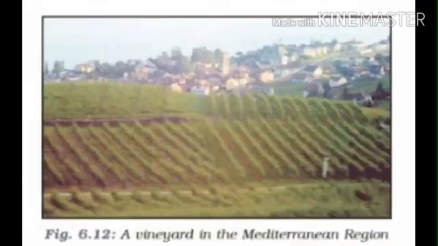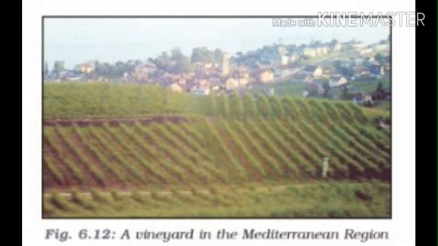Next one is Mediterranean vegetation. This type of forest is mainly found in areas like Southwest USA, then Southwest Africa, then Southwestern South America, then Southwest Australia, then Italy, Spain, South France, Greece, and so on.